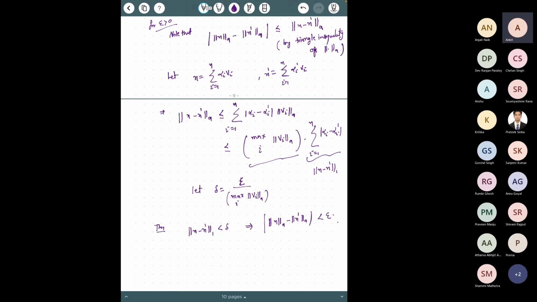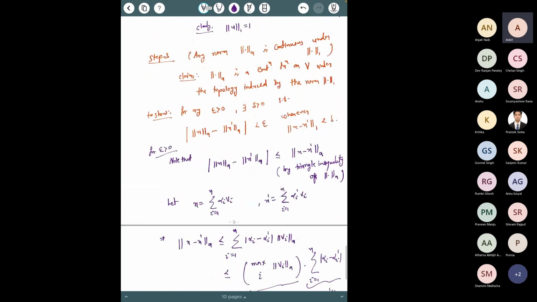And this shows that the a-norm is continuous under the one norm.